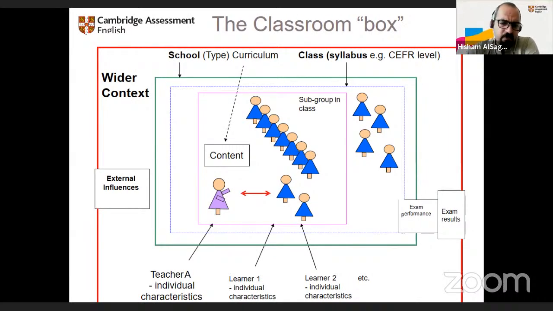Of course, the green one represents the institution, and inside the green box, that's where we play a major role as teachers and educators, where learning actually takes place. And most of the work that we do should be based on what happens within the blue and the purple boxes.